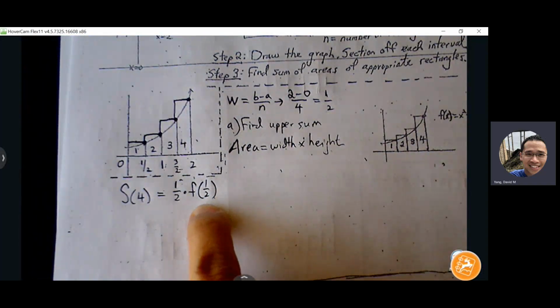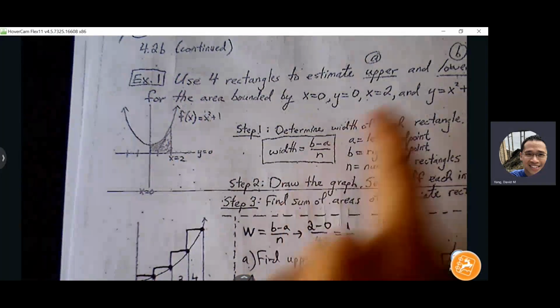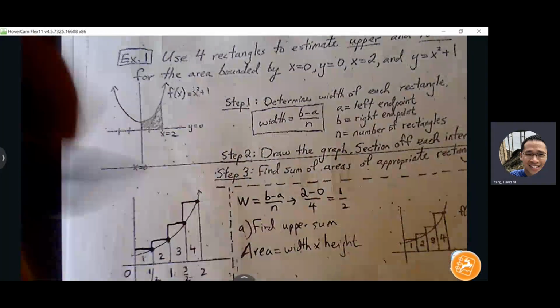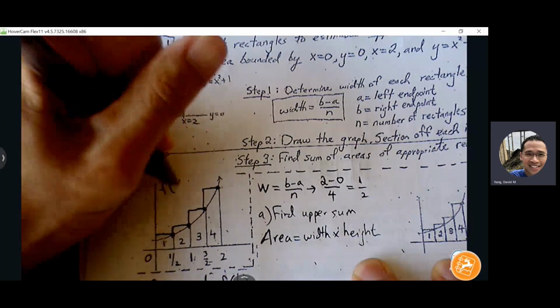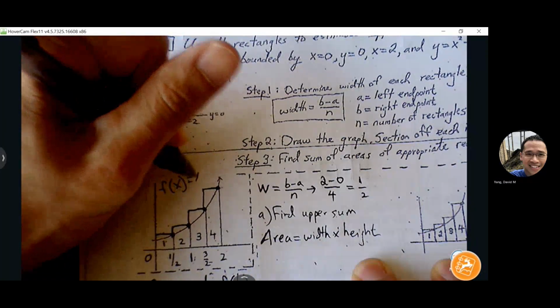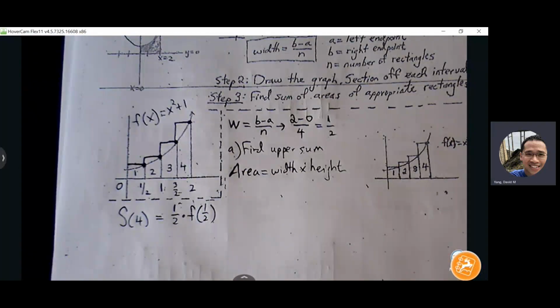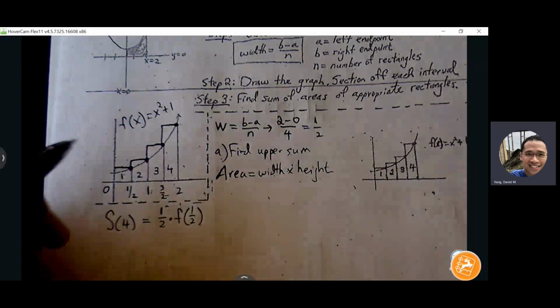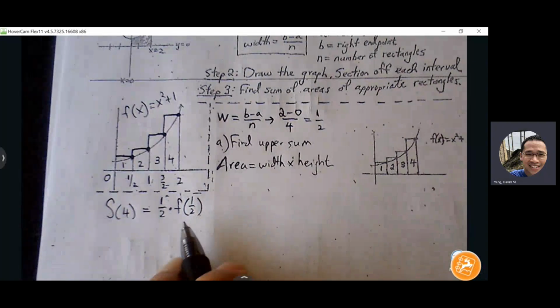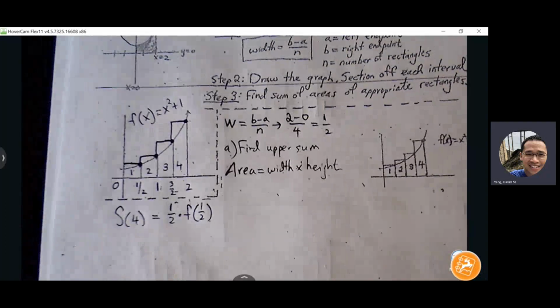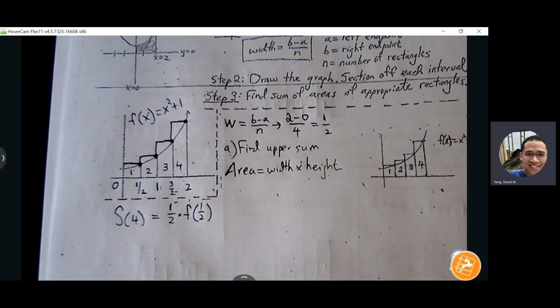We're going to insert 1/2 into the function, and that function is going to give us the height, and then we're going to get that decimal value. But right now, I just want to set up myself for finding the area later. This f of 1/2 is not a numeric value, but it does tell us how we're going to arrive at the height if we do the math a little bit later.